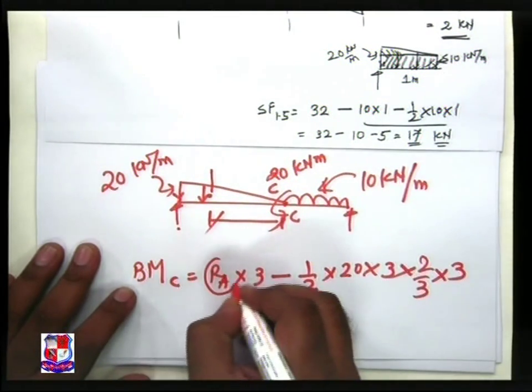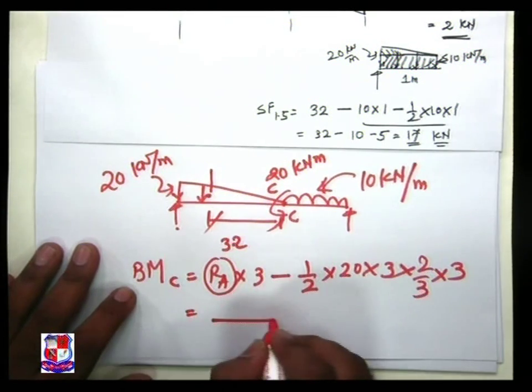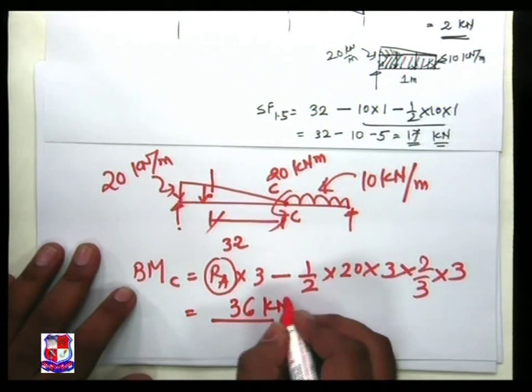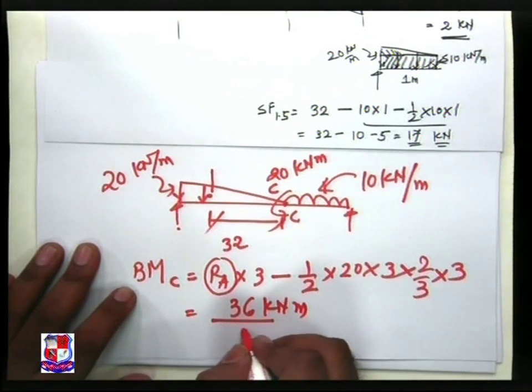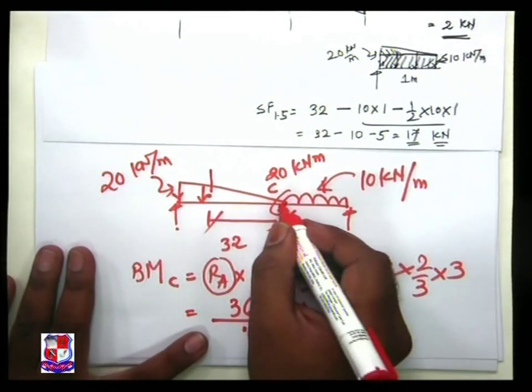The value of RA is known to us as 32. Simplify this equation, we achieve 30 kilonewton into meter. This value is just left of C.